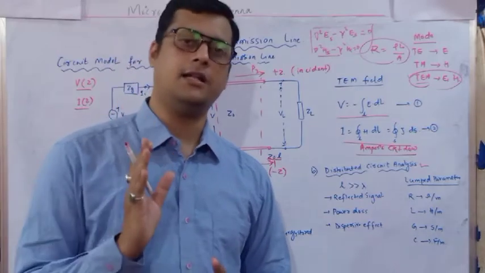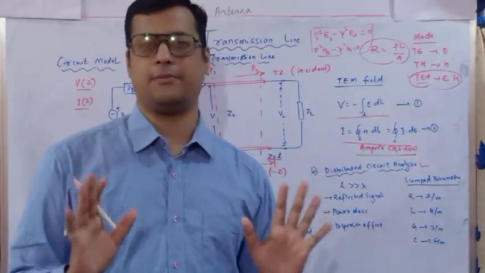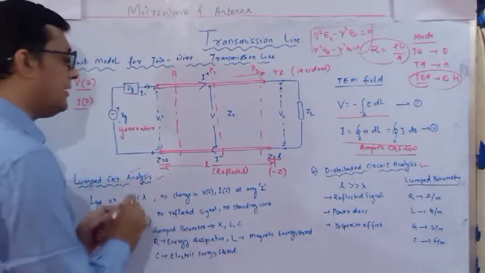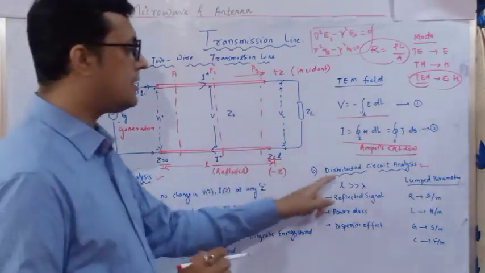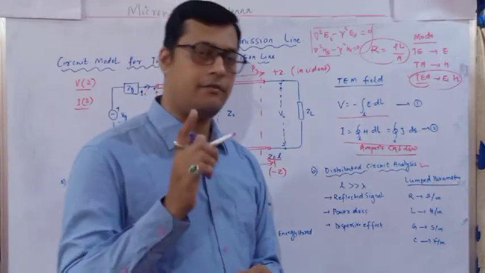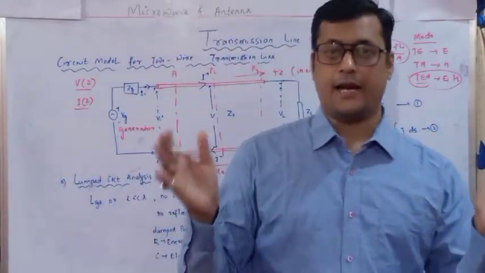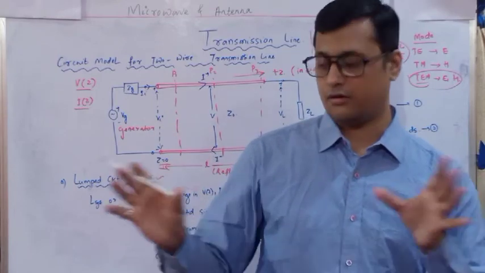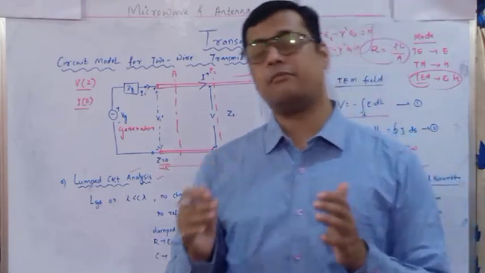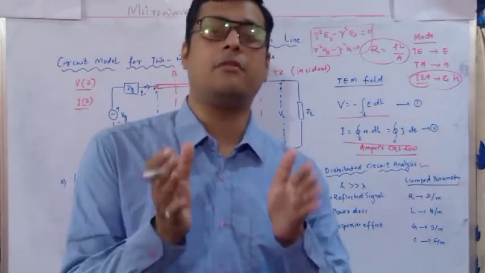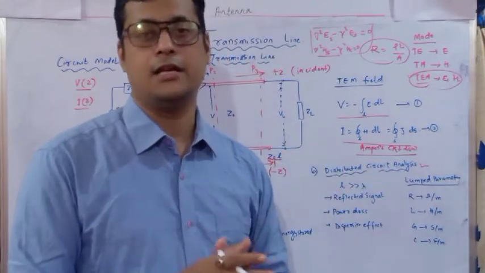But before that, whether a lumped circuit analysis or a distributed circuit analysis is done, whenever we identify the wave equation for a transmission line, we prefer the distributed one. Why? Because our RLGC are uniformly distributed throughout the line.